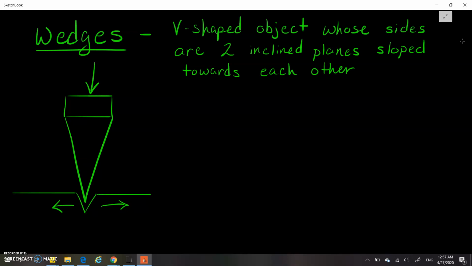When you're swinging an axe and bring it down on a log, you are providing input force downward, which means your output force is going to split the wood in different directions.